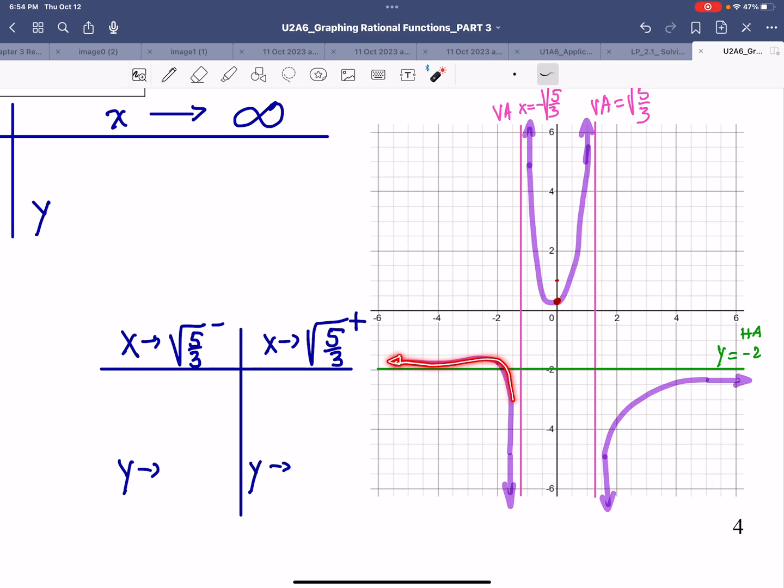And now you're wondering, okay, but didn't we define horizontal asymptotes as horizontal lines that the graph can never touch? It gets very close to them, but it doesn't intersect them. So the truth of the matter is, yes, that is true, but remember that horizontal asymptotes are defined as values of y as x approaches infinity.